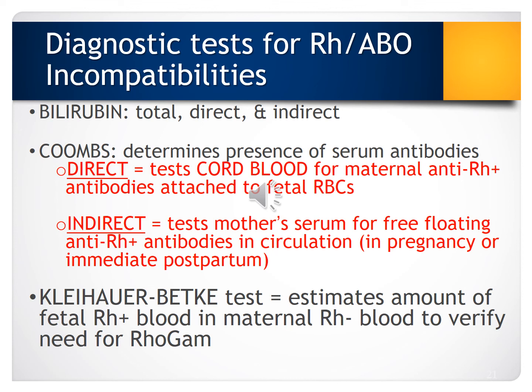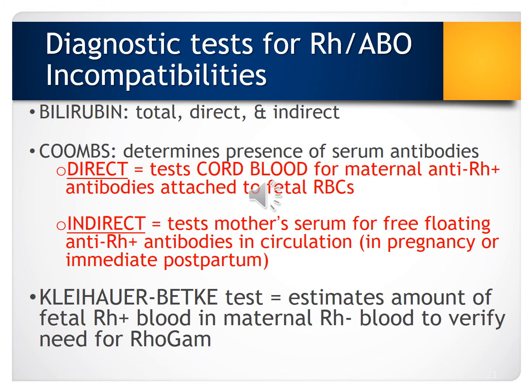The other test that we can do is an indirect Coombs test, and this is testing the mother's serum to see if there are any free floating, meaning not attached to anything, anti-RH positive antibodies circulating in her blood. If there is, in relation to RH incompatibility, then she can't get Rhogam because she's already developed antibodies against RH positive blood.